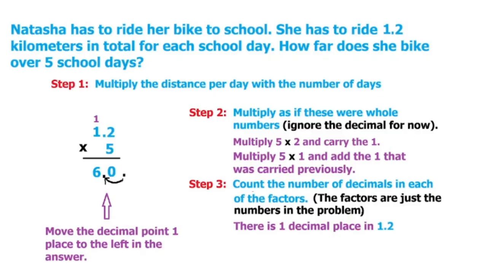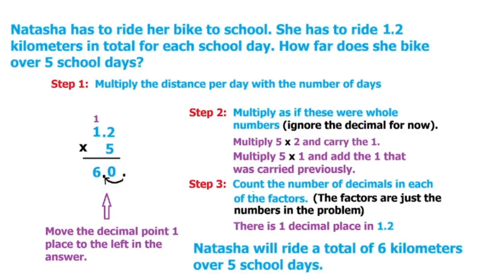So we said there's only one decimal, right? So we just move it left once. So you take this decimal, move it over, just like how the arrow is showing you. So that tells us now that 6 is the answer. Natasha will ride a total of 6 kilometers over 5 school days.